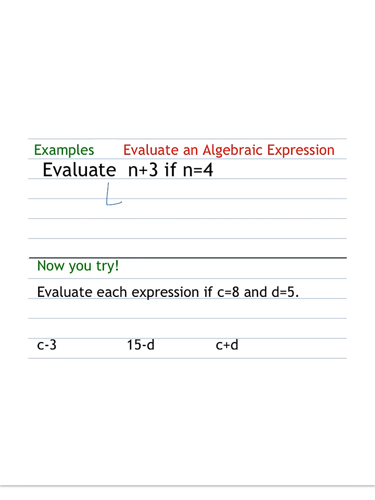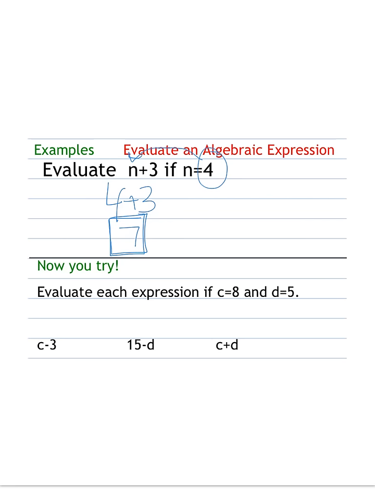So we have 4 plus 3. I just plugged it in for n. 4, plugged it in. And now we just solve it. Use our order of operations. 4 plus 3 equals 7. Okay, again, in this example, our 3 is our constant. That is what's never changing. And our variable is n.